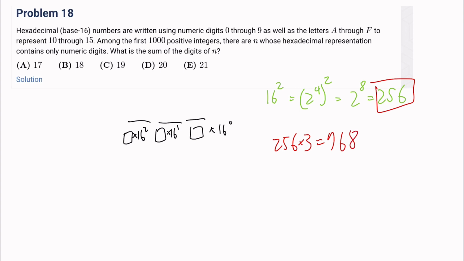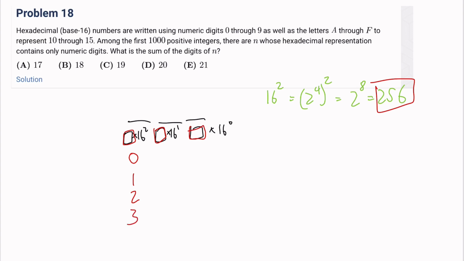So 3 can be in the first digit, right? And so we have 3 digits, and the first digit can be a maximum of 3, so it can be either 0, 1, 2, or 3, right?